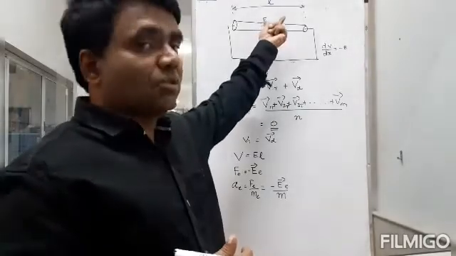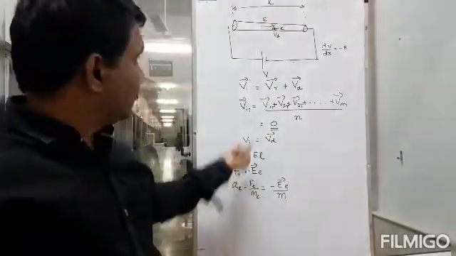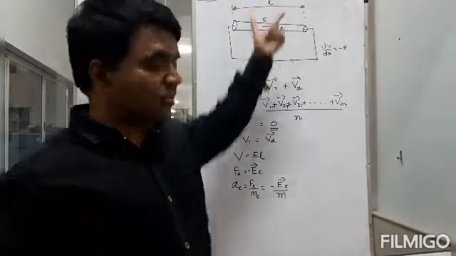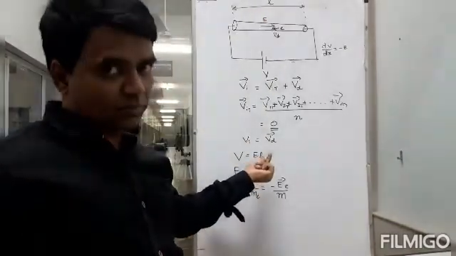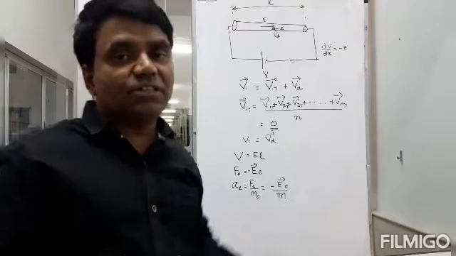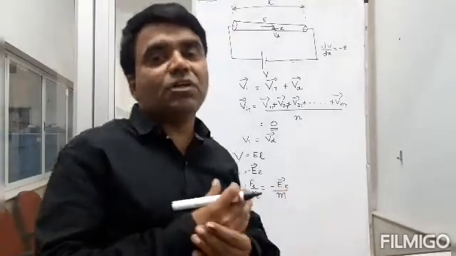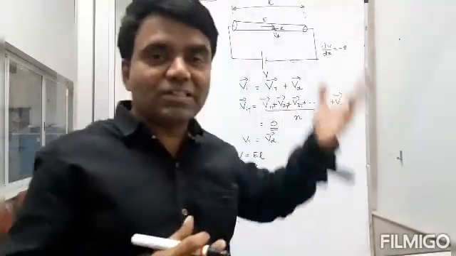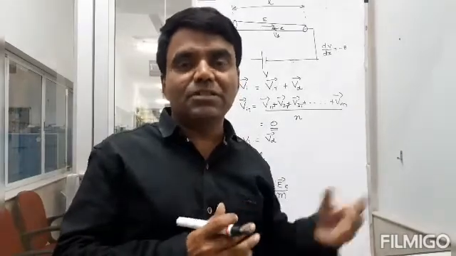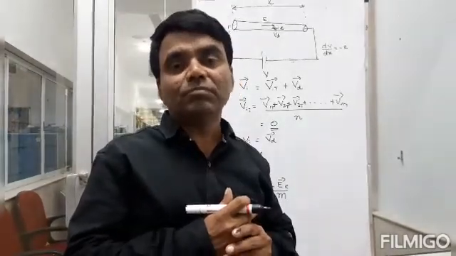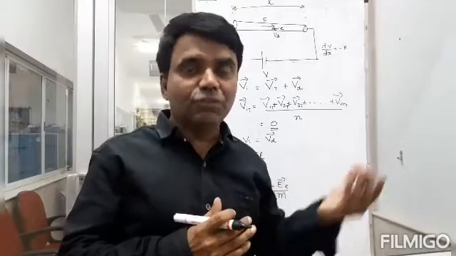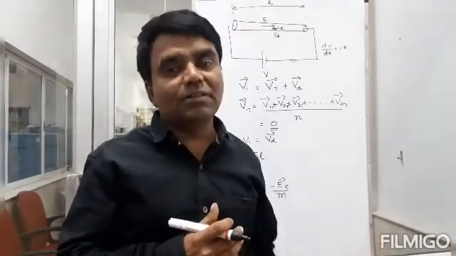Because the field is constant. Why is the field constant? Voltage is constant and the length is constant. So E must be constant. So you have a constant acceleration. In the case of constant acceleration, those three formulas that you learned in the 11th standard for uniform acceleration should be applicable here.